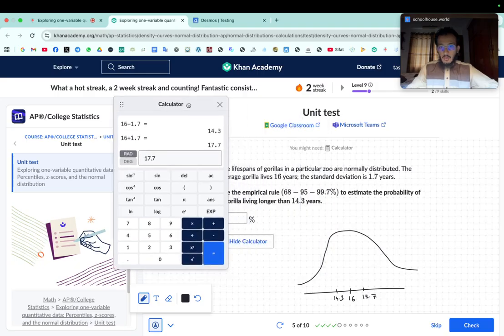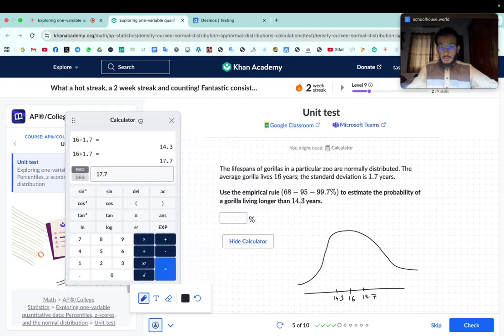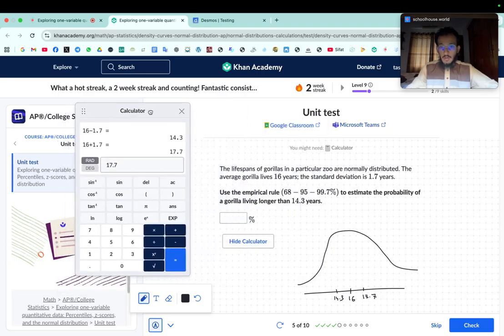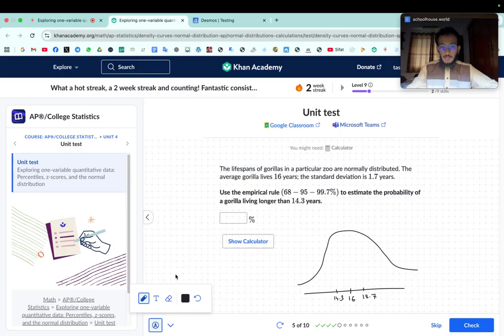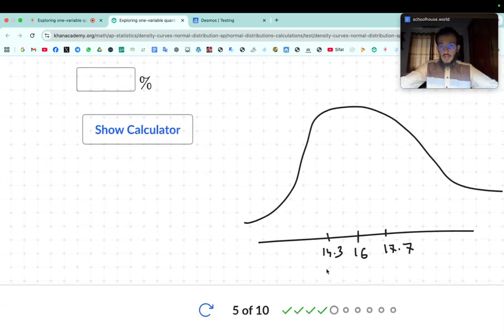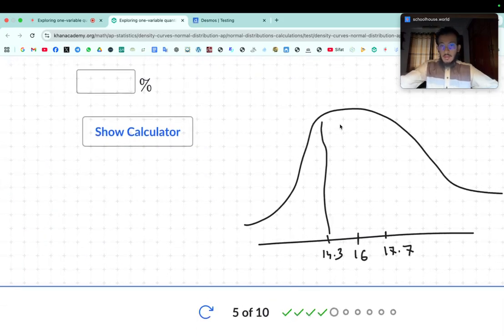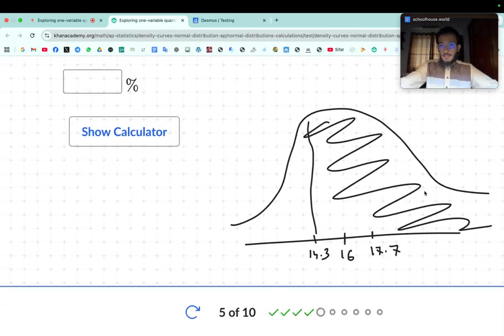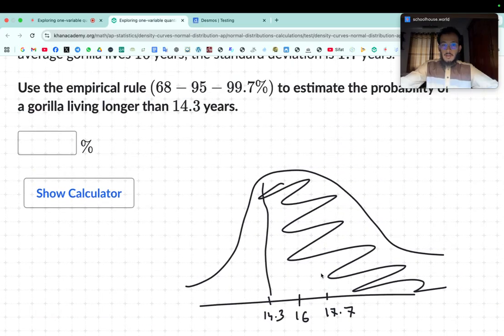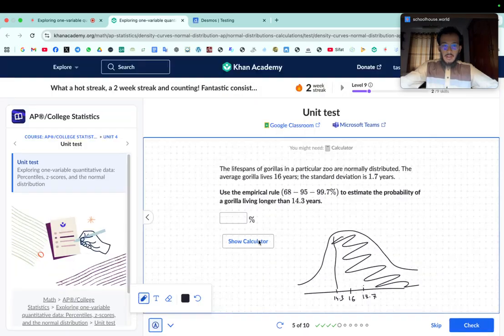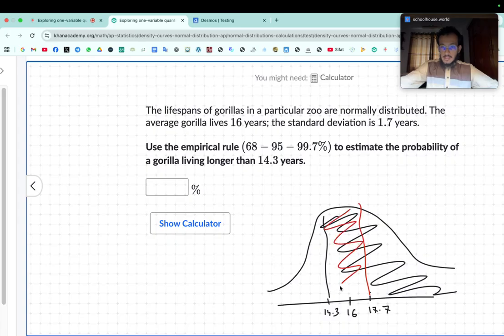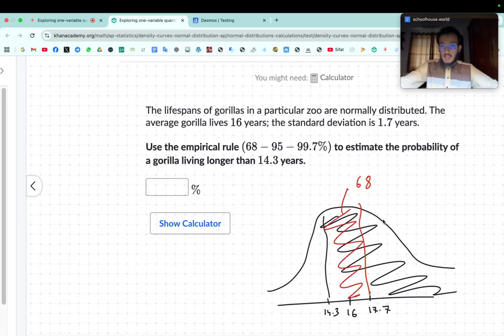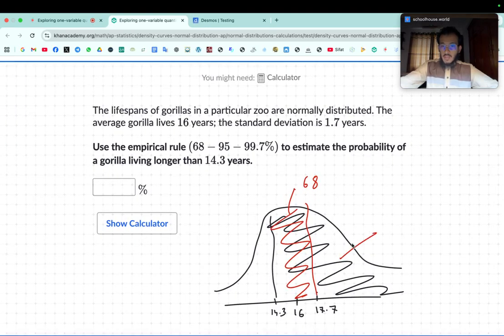Now they want us to estimate the probability of a gorilla living longer than 14.3 years. So they're asking us to find the area of this portion. We know that one standard deviation has an area of 68%, so this shaded region is 68.